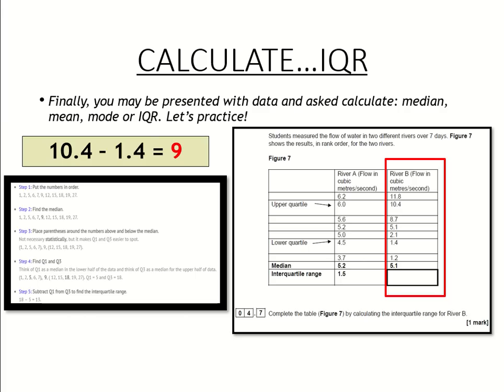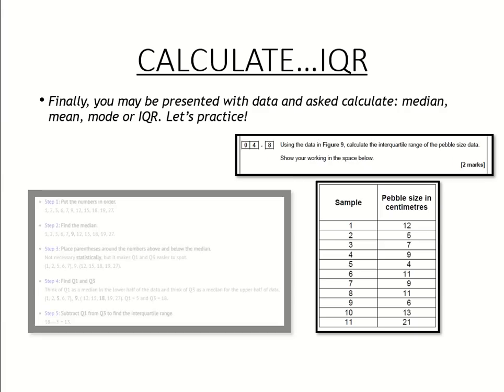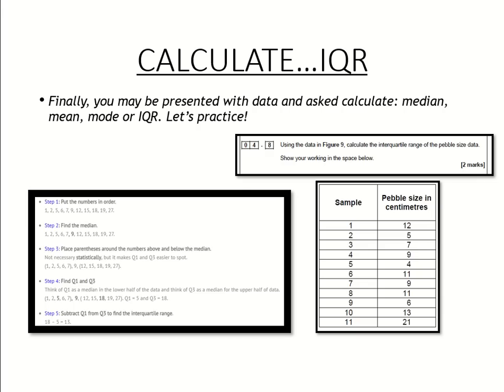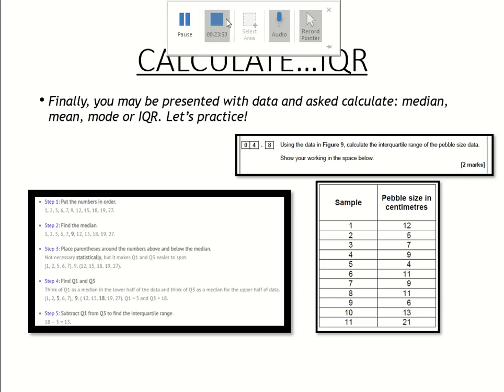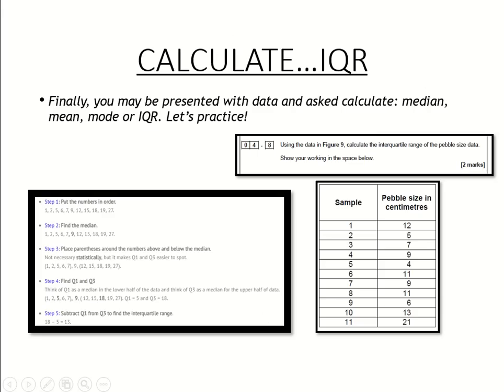If you want to pause the video and have a go at that yourself to see how I got that answer, please do. You could also be asked, again, for interquartile range with pebble size. And just because it's using geography doesn't mean that the maths changes. All I would do is line them up from sample 1 to 11.